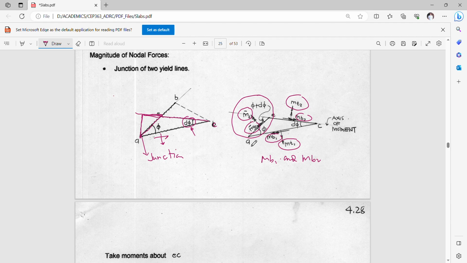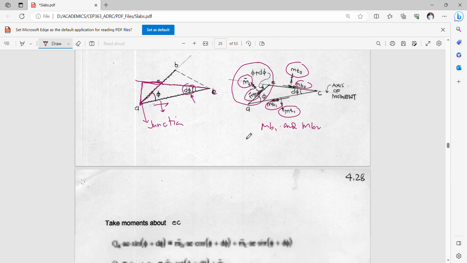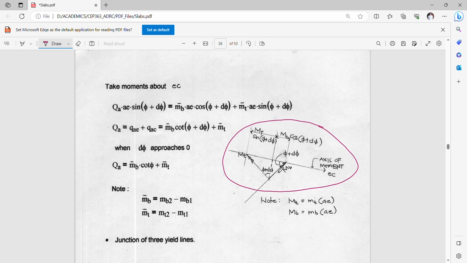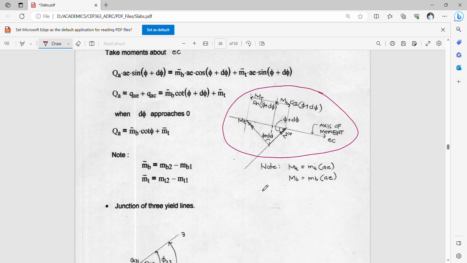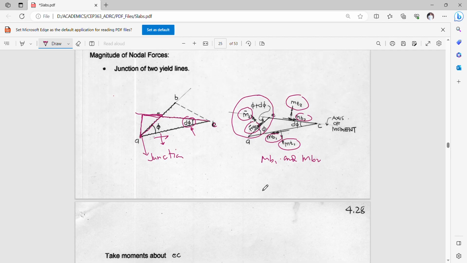So we now reduce a difficult geometrical shape into a simpler geometry, wherein the phi angle which was originally located at this point was actually transferred in terms of your phi angle here.